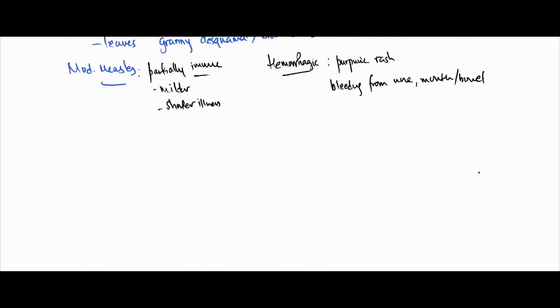Now we go on to talk about the complications. So what are the complications of measles? Widespread mucosal damage and significant immunosuppression cause the complications seen with this viral infection.